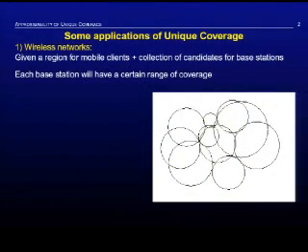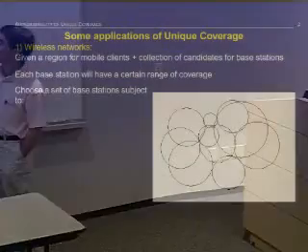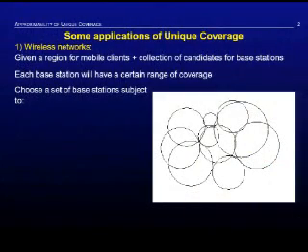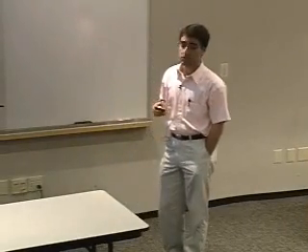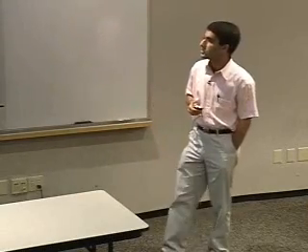We have to install a base station for transmitters, and each base station will cover a range of a region of area. So here are the circles that will be covered by each potential base station.